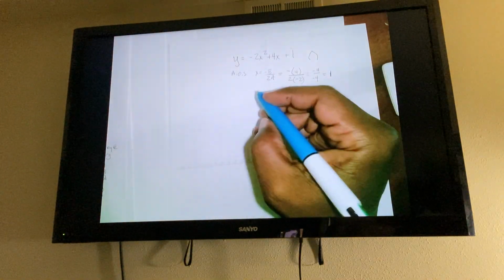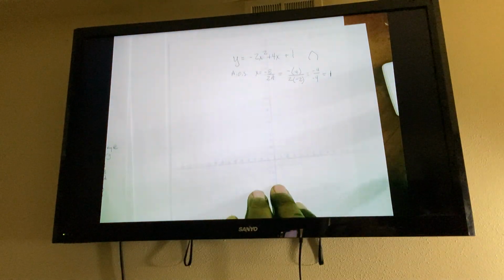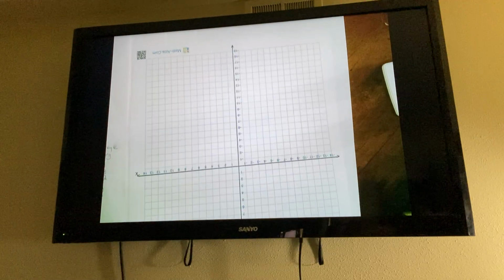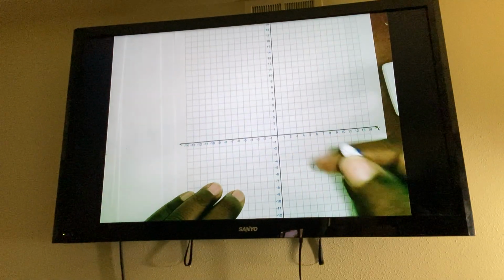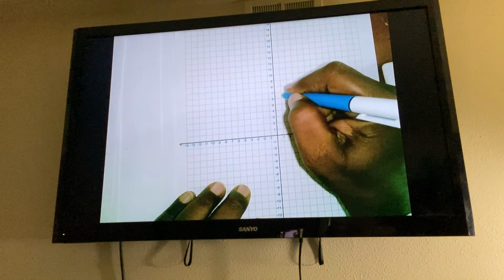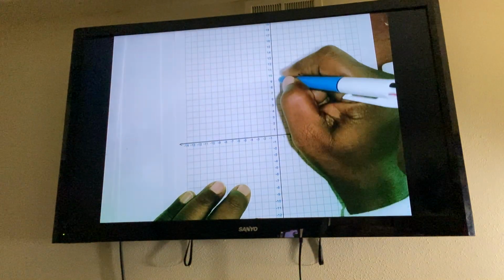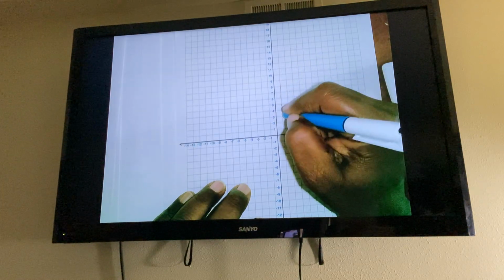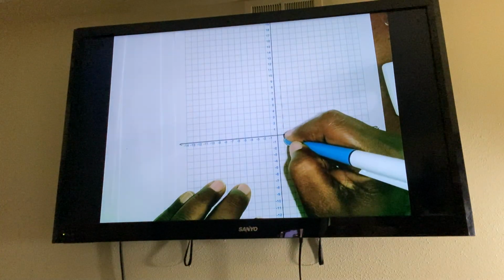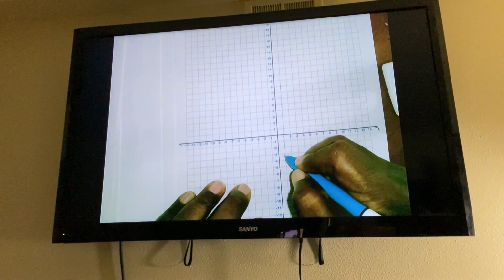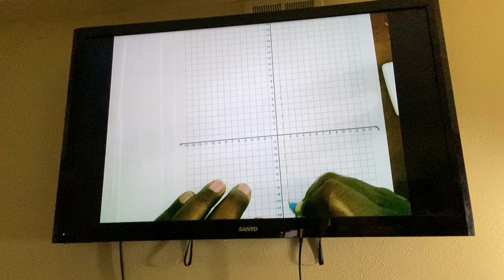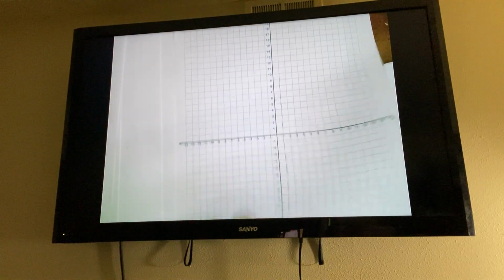So you automatically know now that our axis of symmetry is at x equals 1. So once again, we're here, and we know our graph is going down.